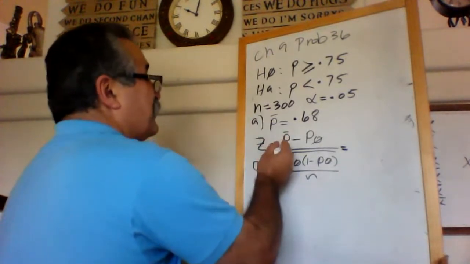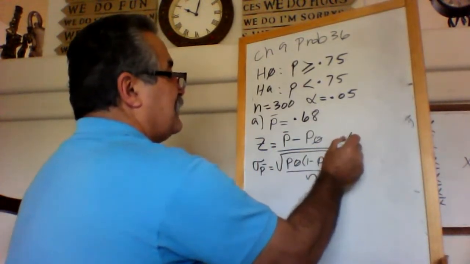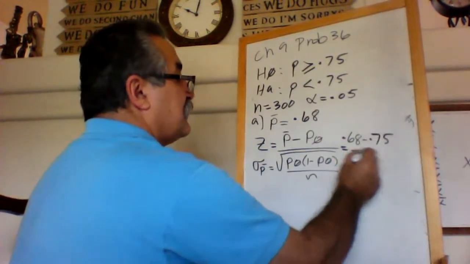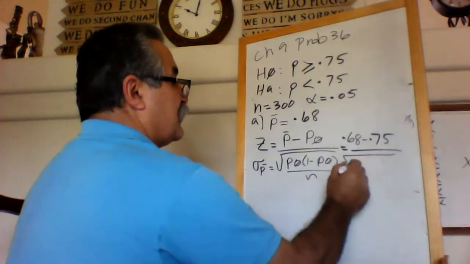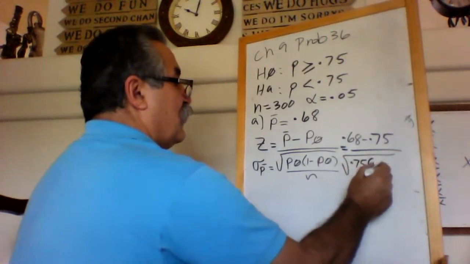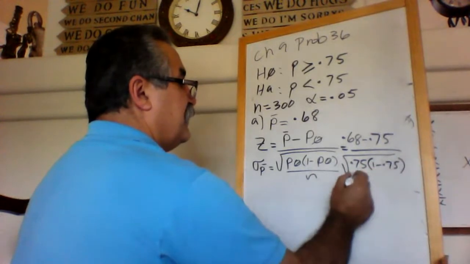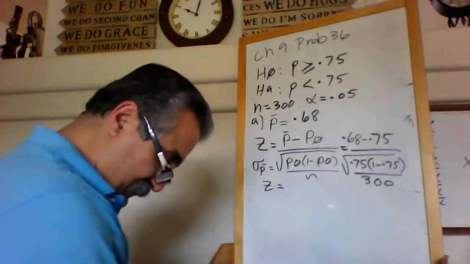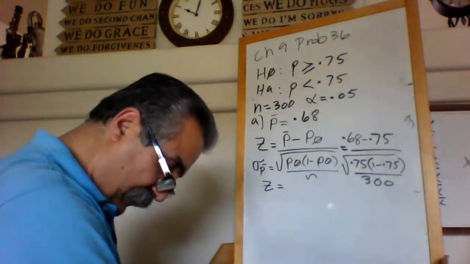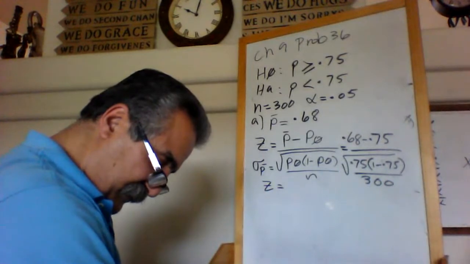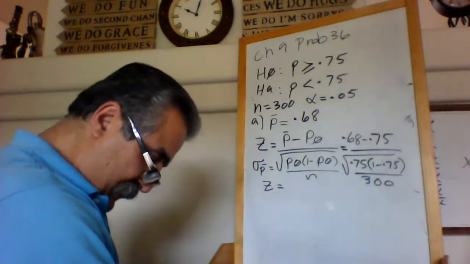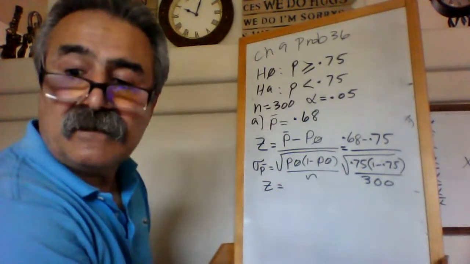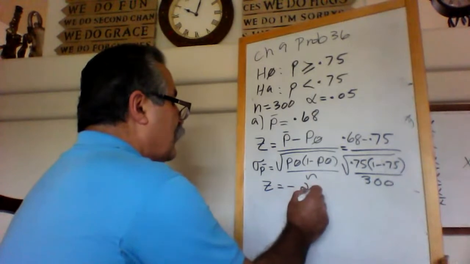So p bar 0.68 minus 0.75, divided by the square root of 0.75 times 1 minus 0.75 divided by 300. So z is equal to negative 2.8.